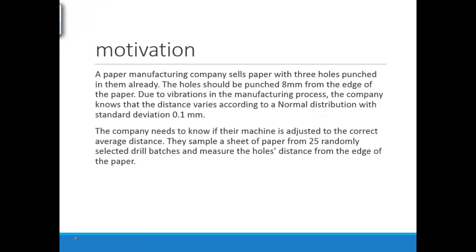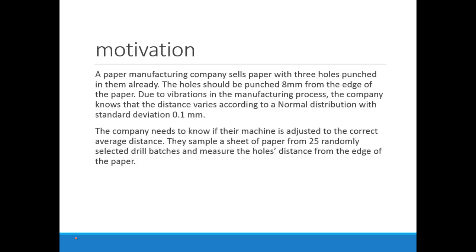As a motivating example, we can go back to our paper manufacturing example. We'll change it slightly here. Remember this manufacturing process: they want the holes in their paper to be punched 8 millimeters from the edge of the paper. But due to vibrations or variability in the manufacturing process, they're not always exactly 8 millimeters, of course.